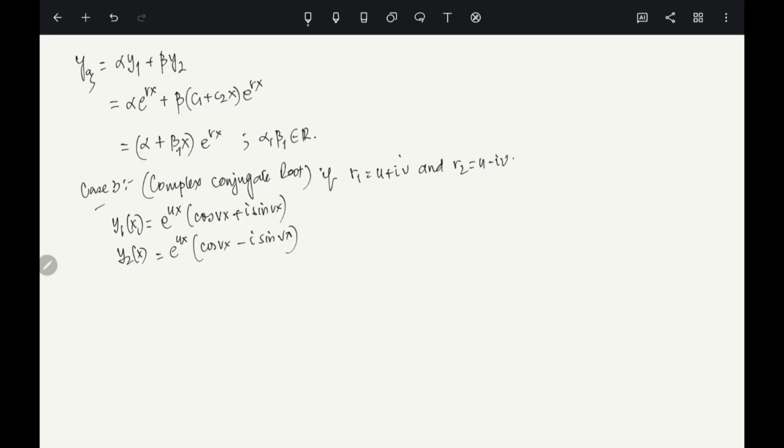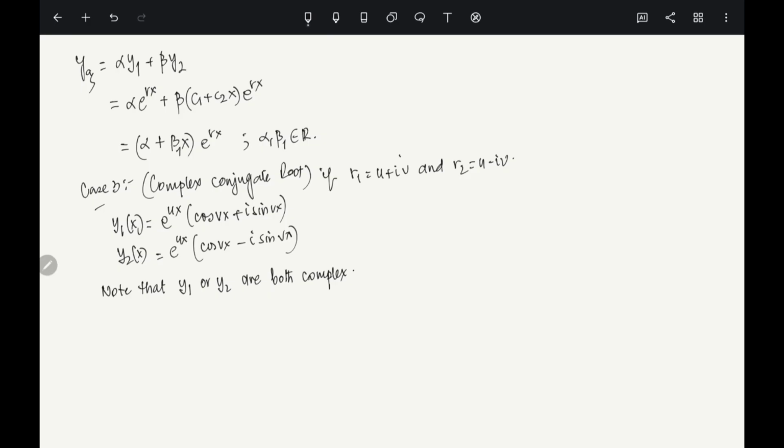Now, I can write the general solution as a linear combination of y1 and y2. But the problem is that both y1 and y2 are complex, and we are not looking for complex solutions, we are looking for a real solution.